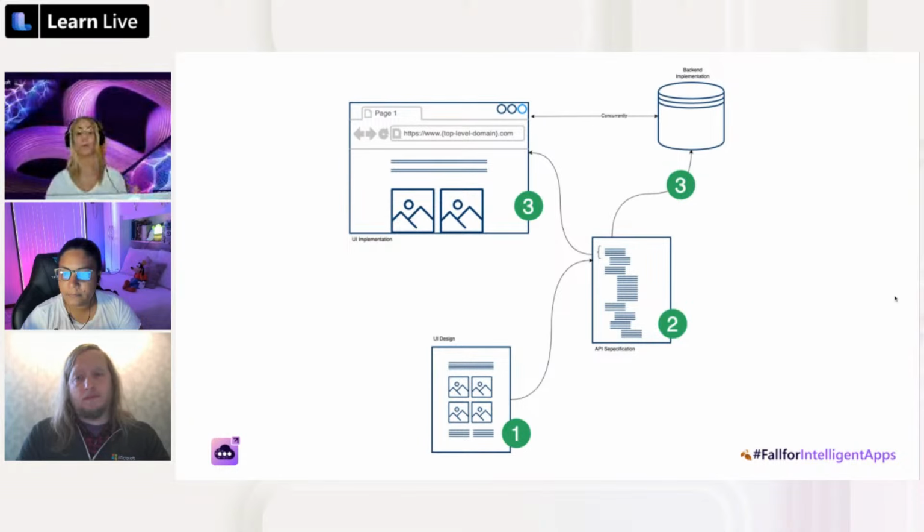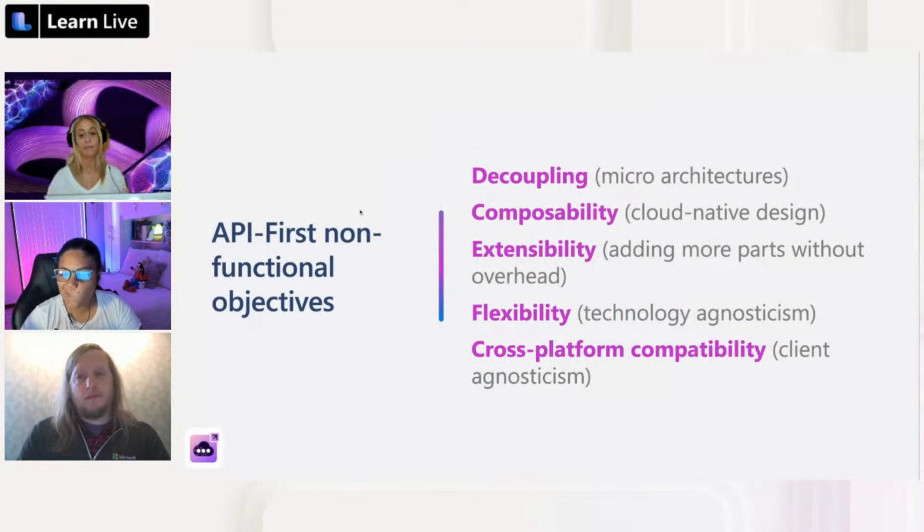So when we design an API-first system, we have a set of non-functional advantages as the objective to enhance reliability, scalability, security, and maintenance of web applications. So basically, this is what we try to do when we introduce a model like API first.